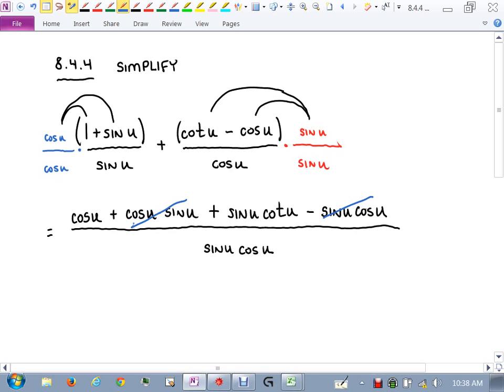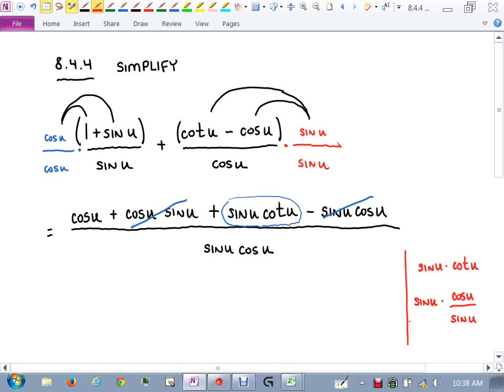And then it was just pointed out that if you look at what sine of u and cosine of u is, and maybe you just look at that on the side here. Sine u times cotangent u. What's cotangent? It's cosine u over sine u. Do y'all see that? Sine u cotangent u is sine u times cosine u over sine u.